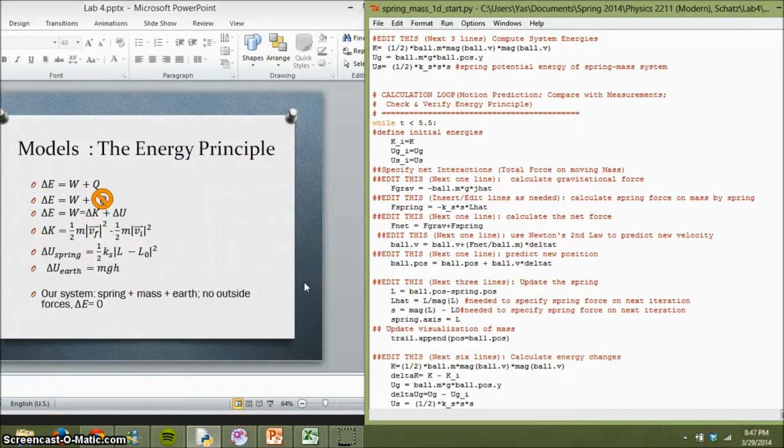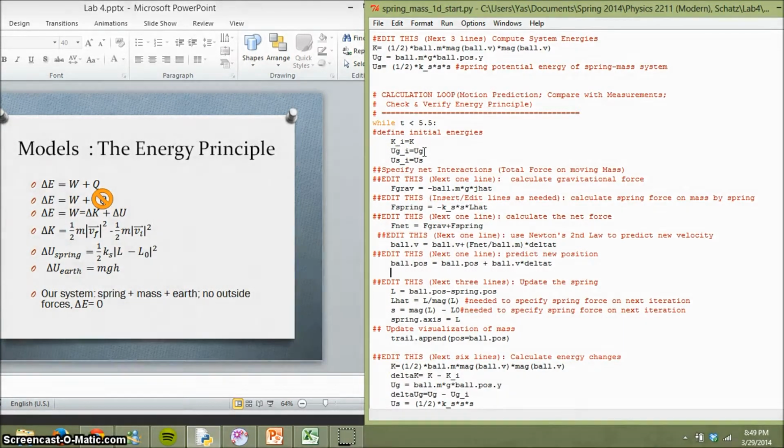Now we can focus on making Python code for the energy principle. Our delta K is equal to 1/2 m v final squared minus 1/2 m v initial squared. Our potential energy of the spring is equal to 1/2 the spring constant times the magnitude of the spring's new length minus its initial length, squared, and the potential energy of Earth is equal to mgy. So in our while loop, we set the K initial equal to the K that we just solved for, and the UG initial equal to the UG we solved for, as well as the US initial.